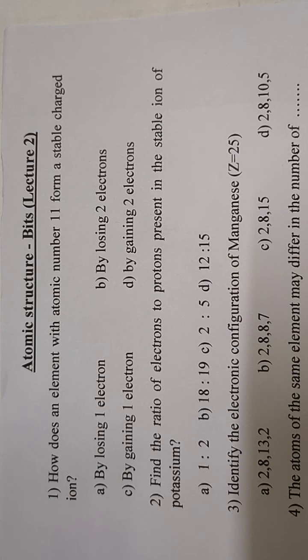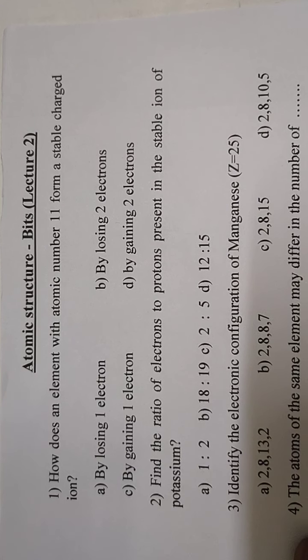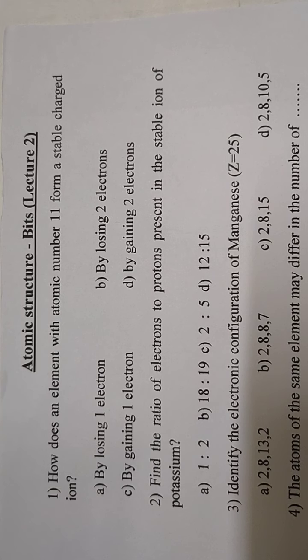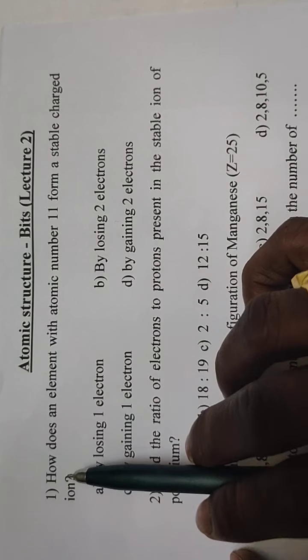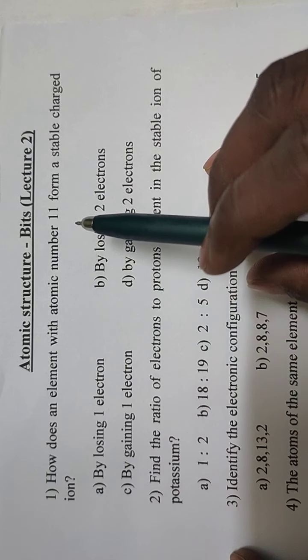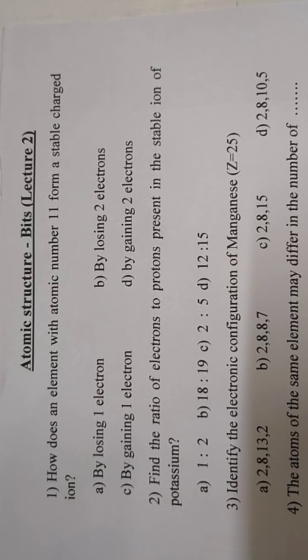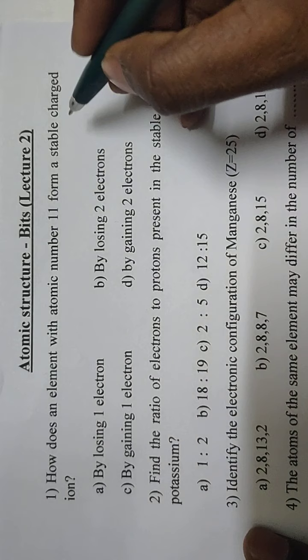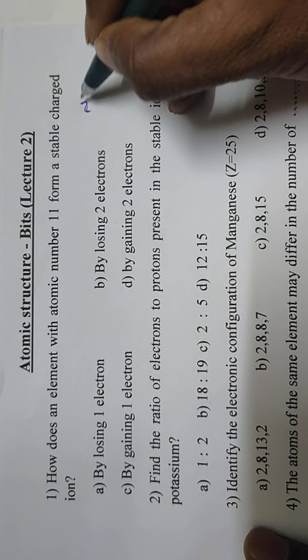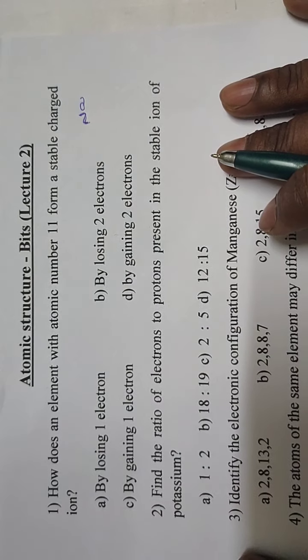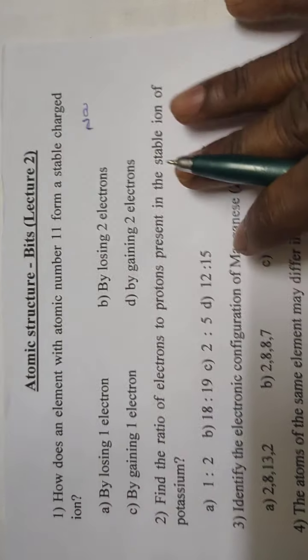Okay students. So the first bit is, how does an element with atomic number 11 form a stable charged ion? Atomic number 11 means sodium. What is that element? Sodium.